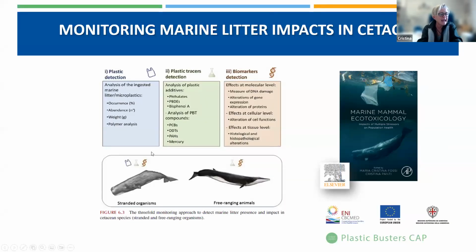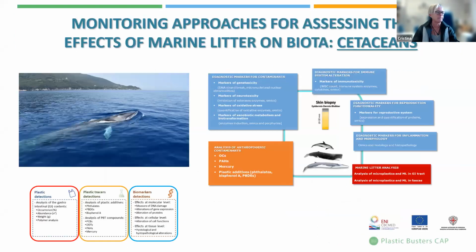In this case, again, you can focus on two different kinds of sample. Stranded organisms, as shown by Matteo, can represent the basis to detect the presence of marine litter in marine organisms, but you can also use them for chemical analysis. And also the free-ranging organisms, using a non-lethal approach that I will show in a minute, can be very useful to define the impact on the species.